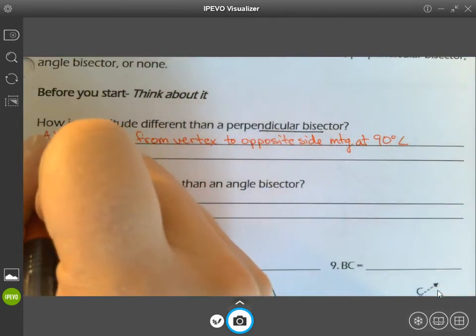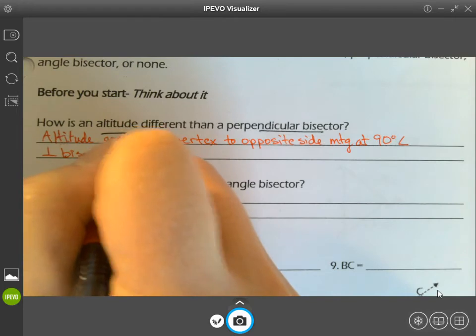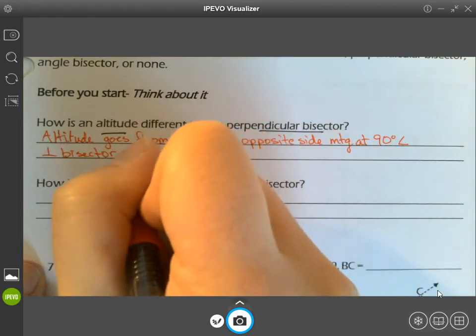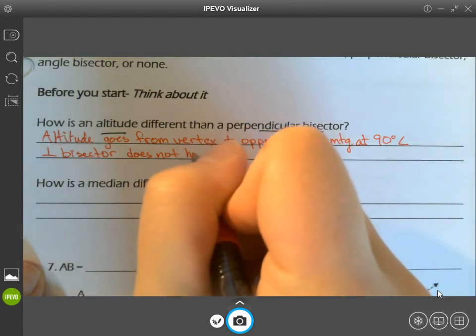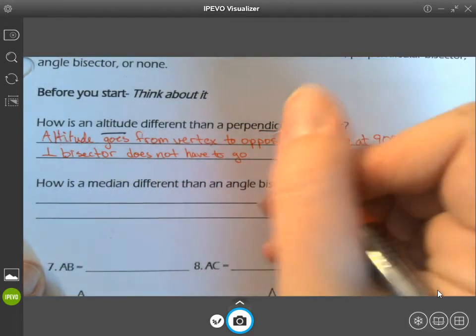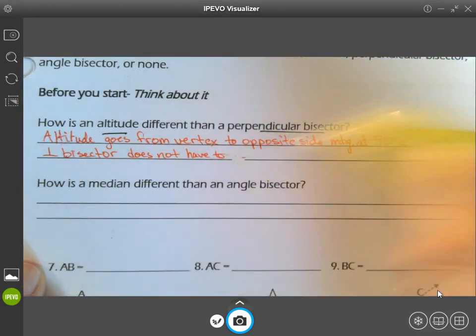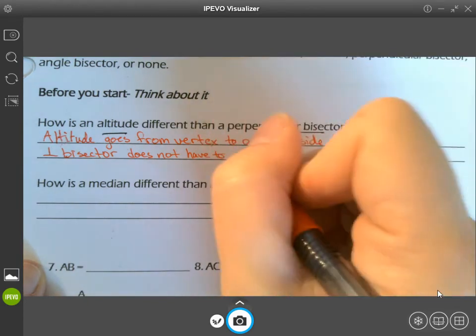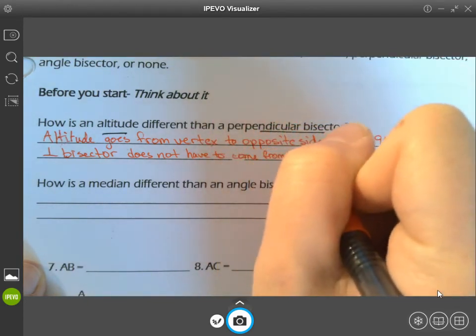A perpendicular bisector, I'm going to abbreviate that. Perpendicular bisector does not have to go from vertex. Or does not have to come from vertex. How about that? Does not have to come from vertex.